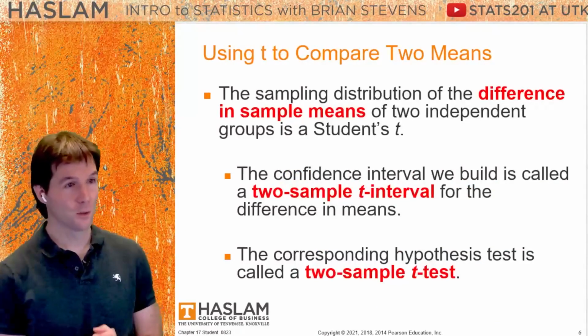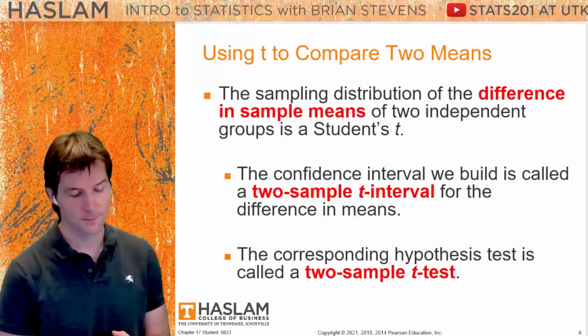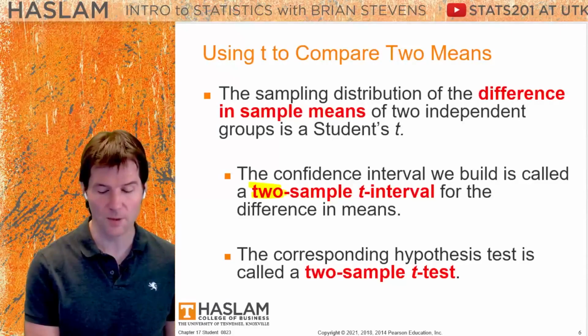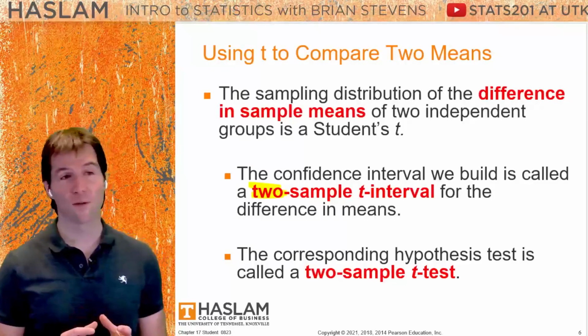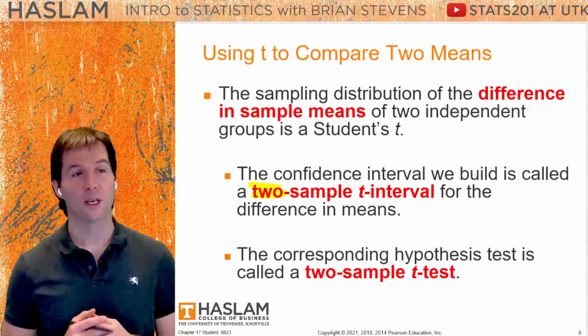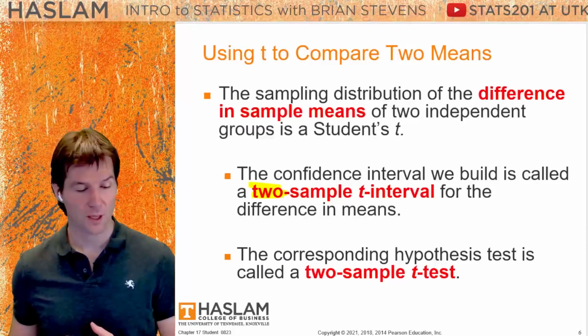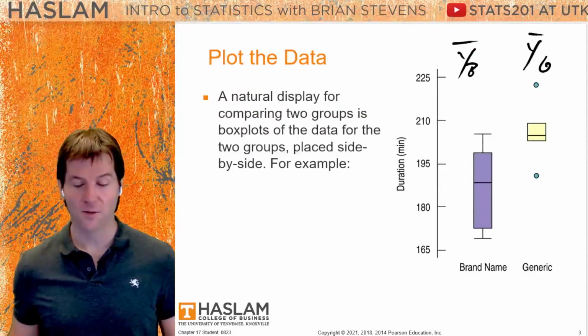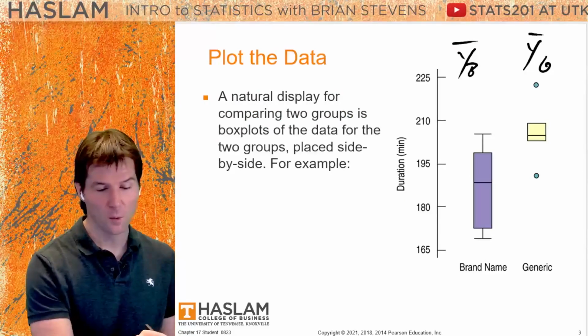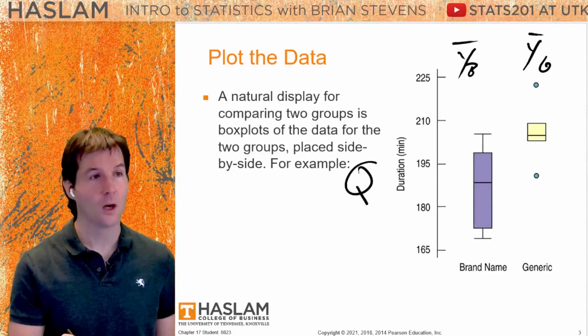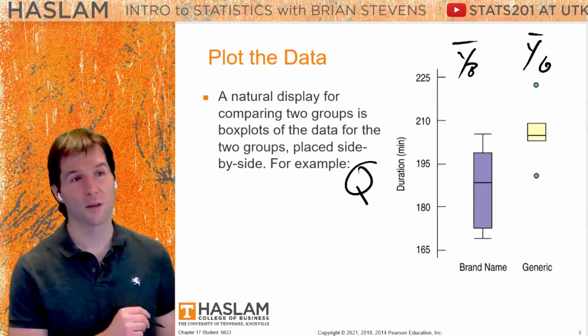What we're talking about doing right now is a two-sample t. Notice that the two-sample t is only different from the one-sample t because it has two groups. In the two-sample t, it's very important to know you have a quantitative y variable of interest. All t's use a quantitative y.